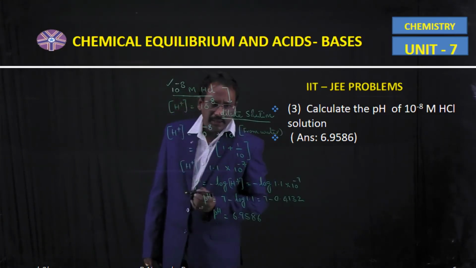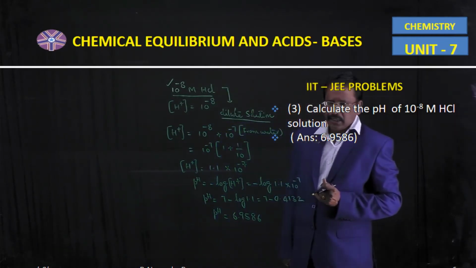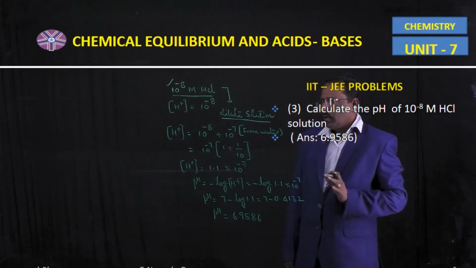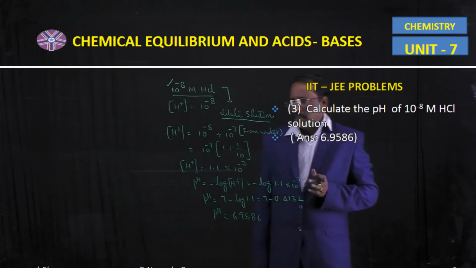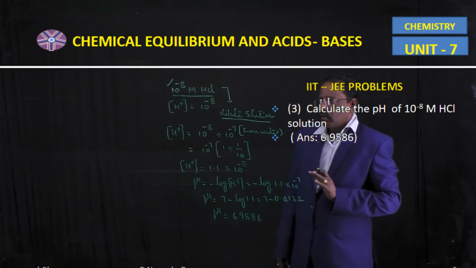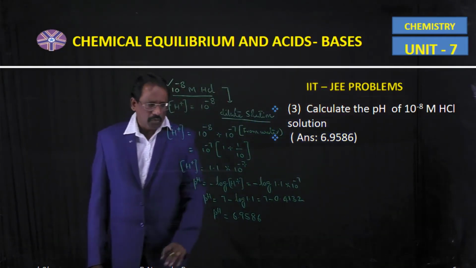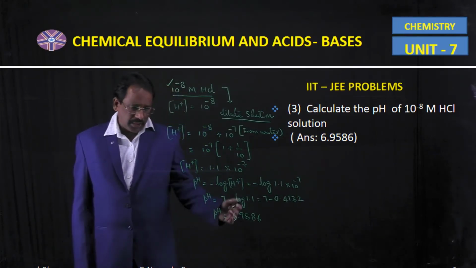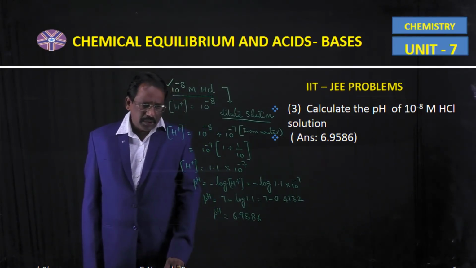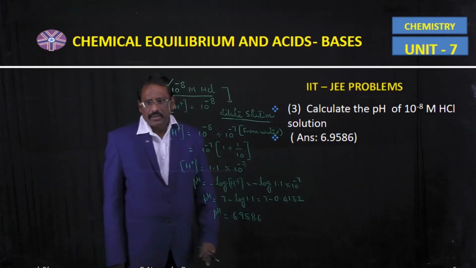In water, H plus ion active mass is 10 power minus 7. OH minus ion active mass is also 10 power minus 7. So pH of 10 power minus 8 molar HCl solution is equal to 6.9586, but not 8.